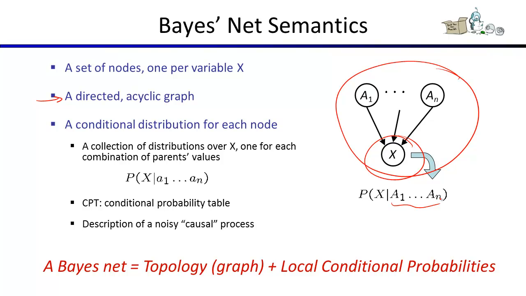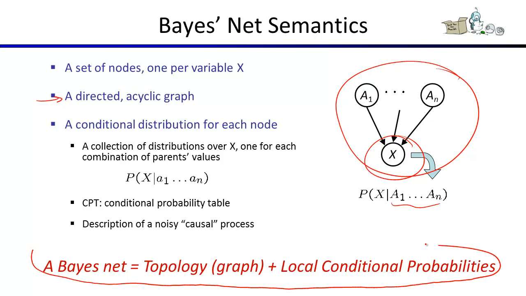The only formal requirement here is that you put a conditional distribution in each node, conditional distribution given its parents, and that your graph is directed acyclic. Together, the graph and these conditional probability tables make up your Bayes net.